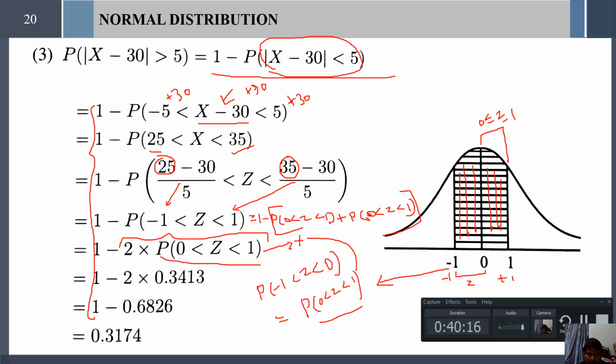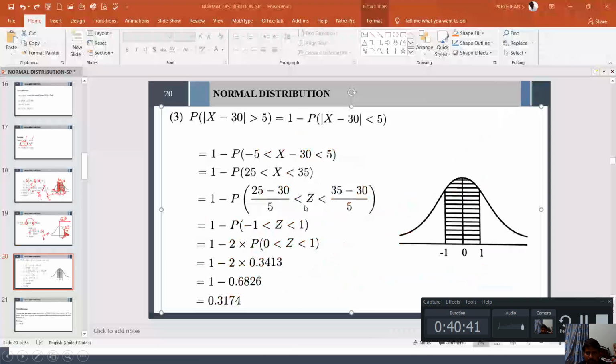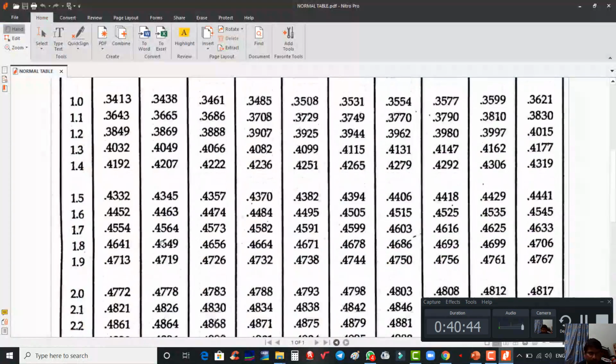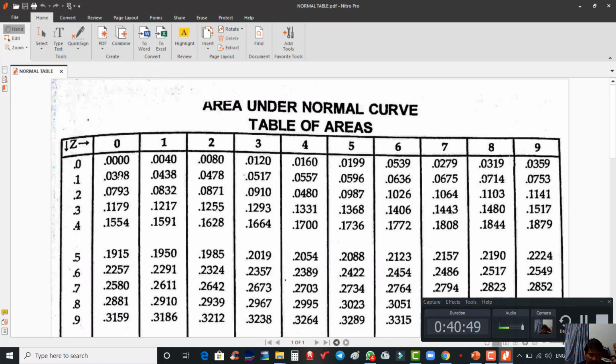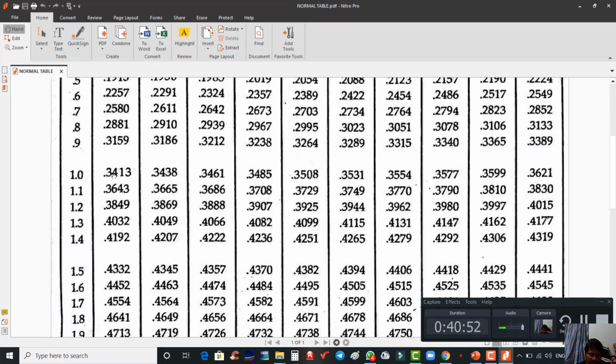So this is 2 into probability of 0 less than z less than 1. Now this 1 is an integer, so this is 1.0. Here this 1 refers to the row, and this 0 refers to the column. For the first row and 0th column, we see the normal table: first row, 0th column, 0.3413.